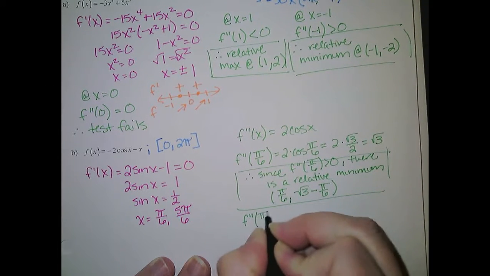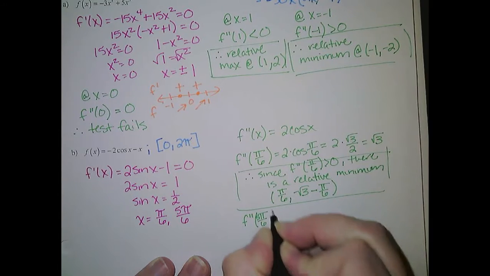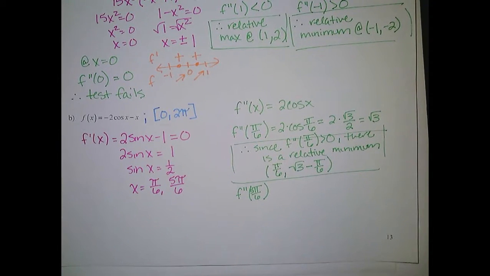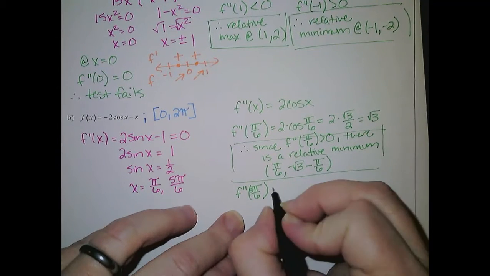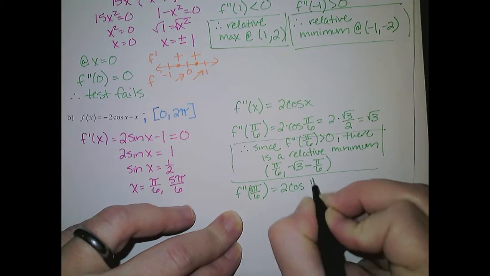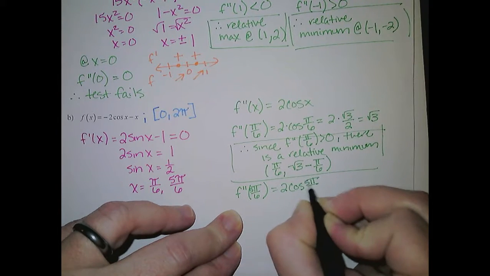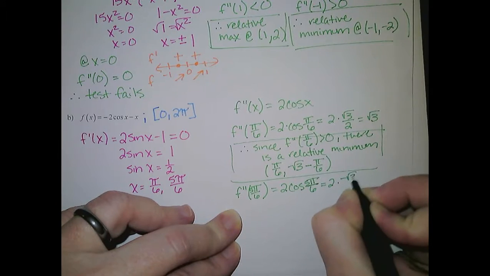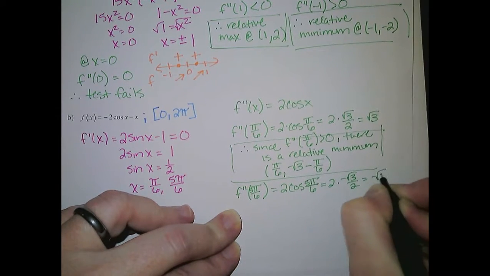Now we want to look at 5 pi over 6. At 5 pi over 6, we have 2 times cosine of 5 pi over 6, which will be 2 times negative square root of 3 over 2, or negative square root of 3.